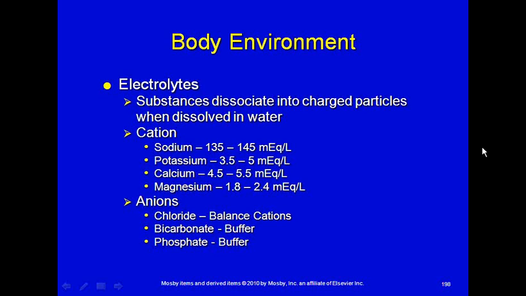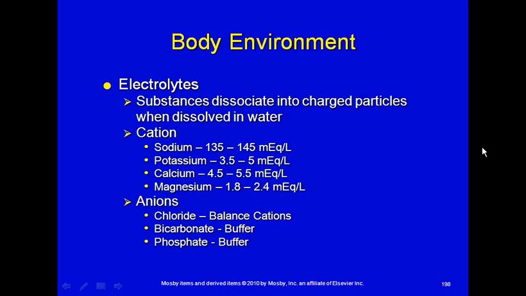Calcium levels greater than 5.5 in the blood are hypercalcemia. Magnesium is another important cation, and normal magnesium levels are 1.8 to 2.4, and levels less than 1.8 are known as hypomagnesemia. In those situations we can get a lethal arrhythmia known as torsades, and we'll talk more about that certainly in the ACLS portion of our program.